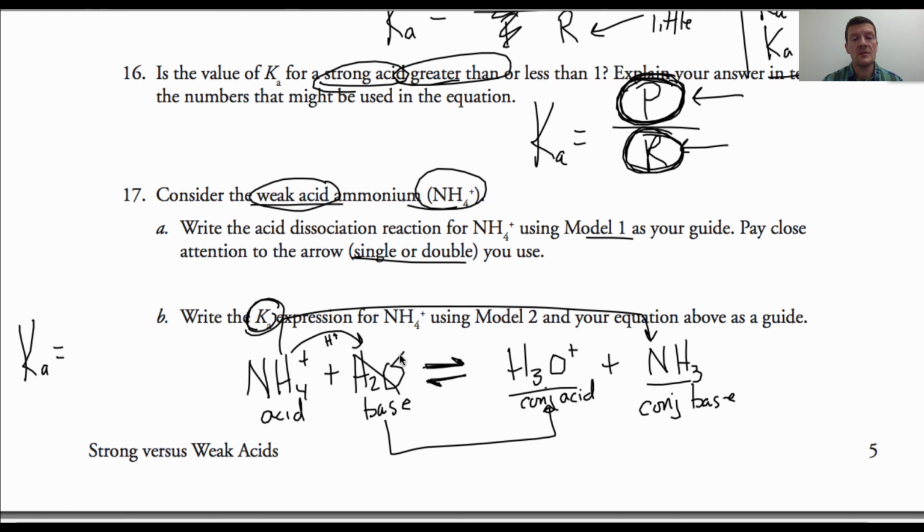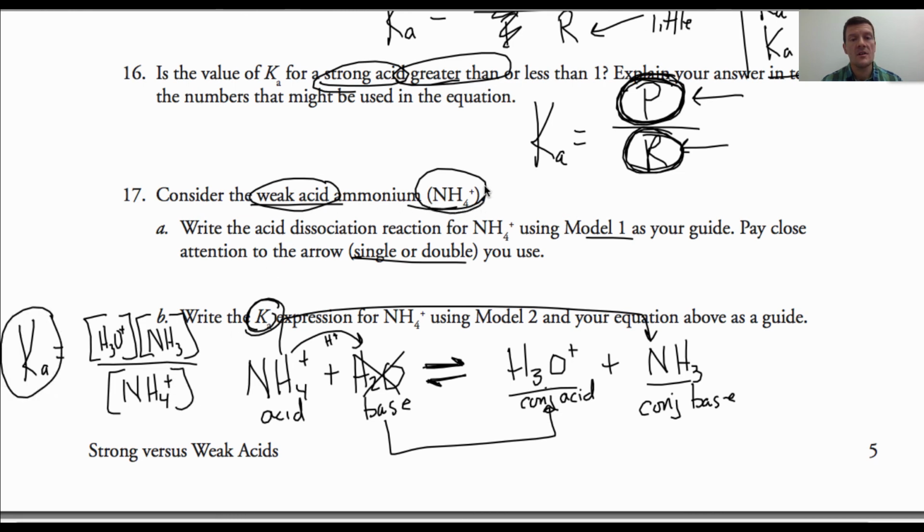Remember, we don't put pure water, we don't put pure liquids into the equilibrium constant expression. So you would have the concentration of hydronium ion times the concentration of the ammonia at equilibrium divided by the concentration of the ammonium ion at equilibrium, and that would be the Ka value for the weak acid ammonium ion.